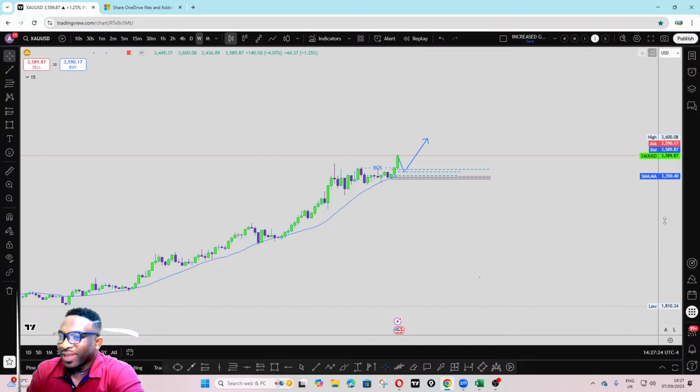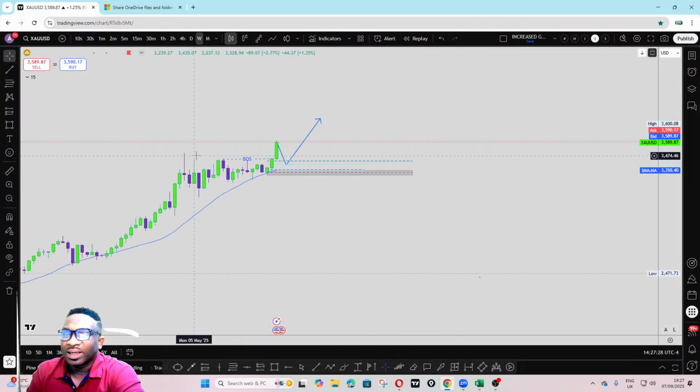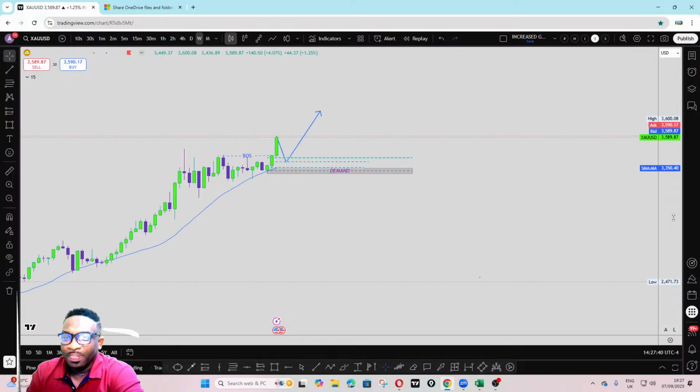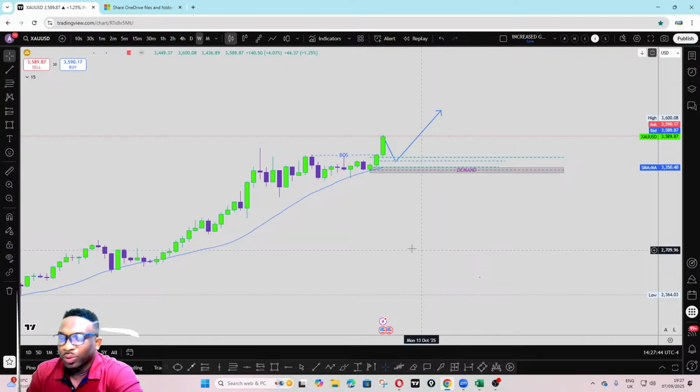So what we have here is we've just had a liquidity sweep right above here. So we may never know, this could be a sweep of liquidity and then turn around to the downside, but we don't want to leave any stone unturned. That's why I'm looking at both sides. So we have liquidity resting here as well.